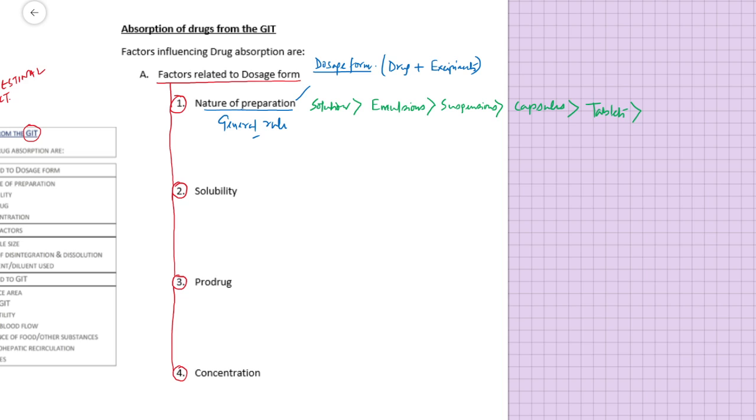So bear in mind when we say tablets, here we mean uncoated.